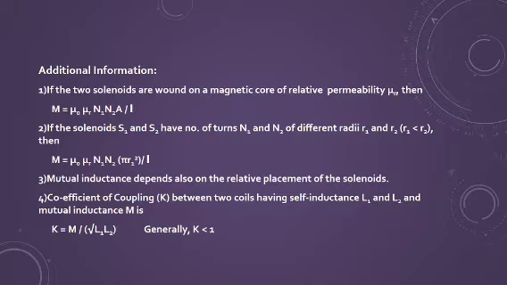You can name the coils according to your choice, but this formula of coupling you have to keep in mind, because by this you can come to know how the coils have been placed. Most of the times K is found to be less than 1. So if you have to relate self-inductance and mutual inductance, it can be done by this formula of coefficient of coupling. No need to go for the derivation, you can simply keep this formula in your mind and use it in the numericals.